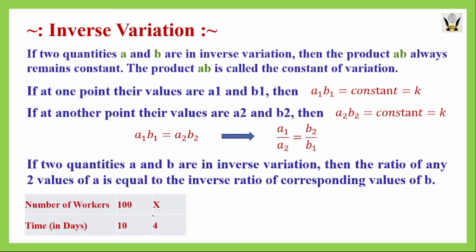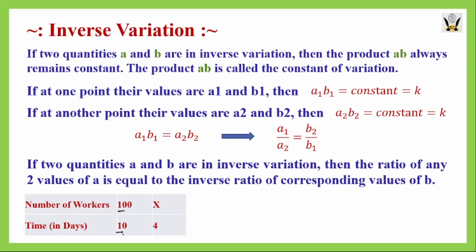Now here we have a simple example where the number of workers is one parameter and the time is another quantity. Here the problem is: a job is done by 100 workers in 10 days. So that is one value, the value of A and B, meaning A1 and B1 at one point of time.